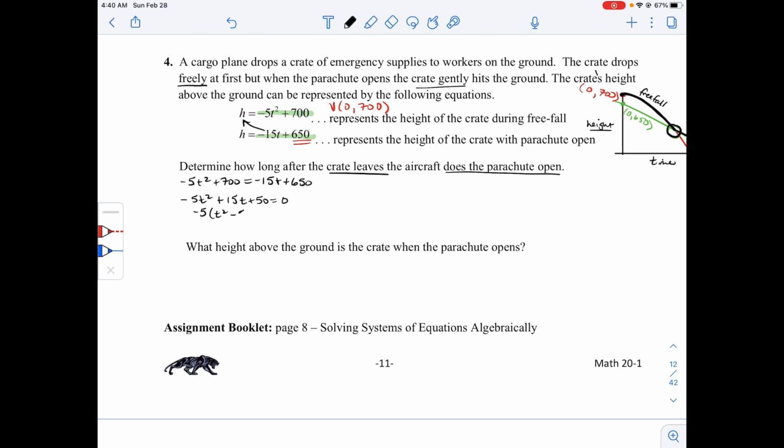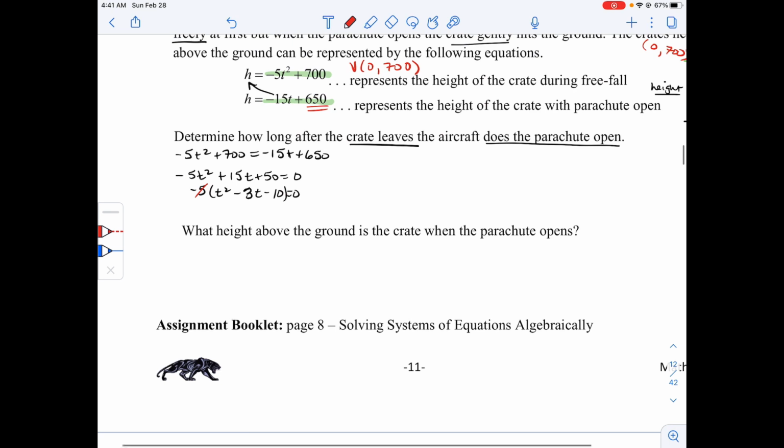Right away I recognize that I can factor out a negative 5. We get t squared minus 3t minus 10, which is equal to 0. Let's just eliminate that negative 5, and the reason we can do that is we're basically dividing both sides by negative 5, and 0 divided by negative 5 is still 0.